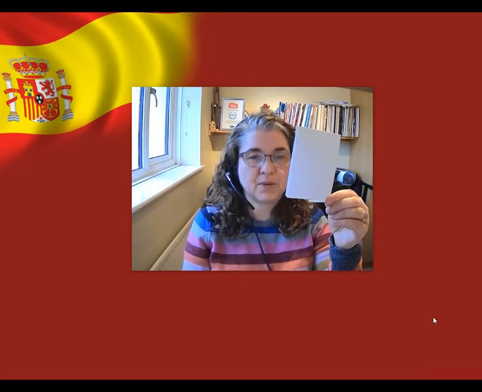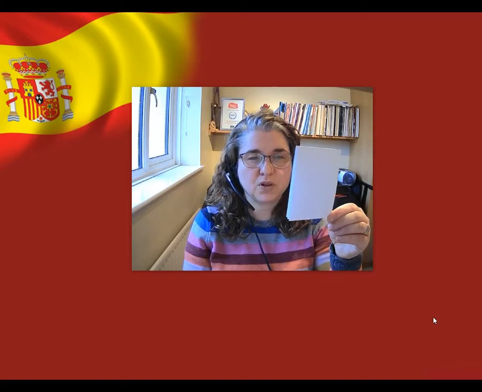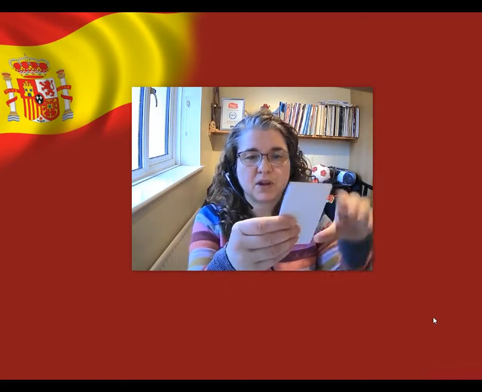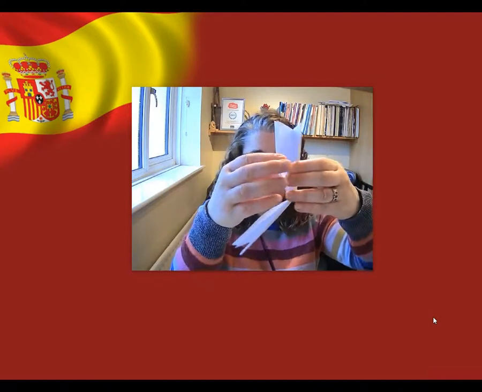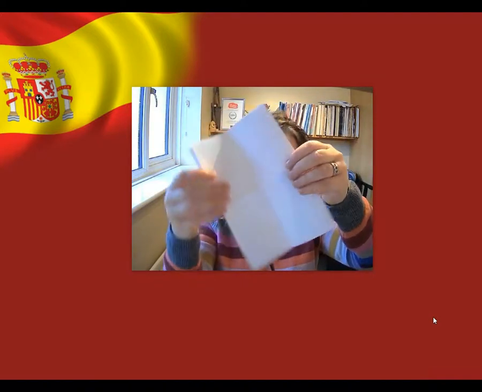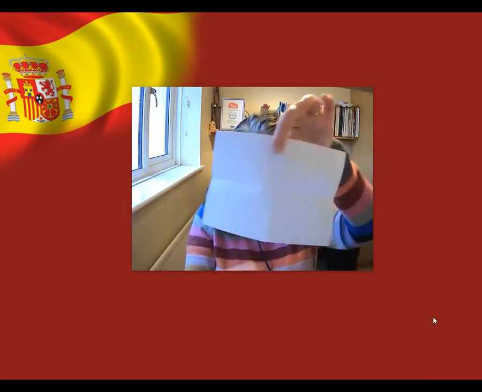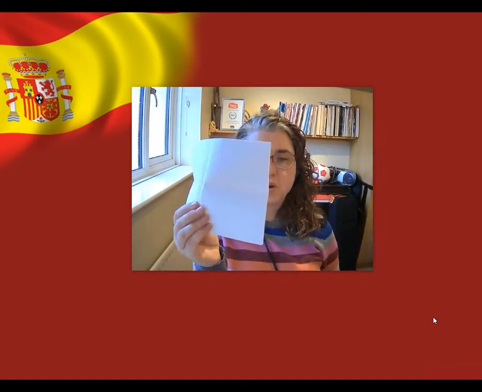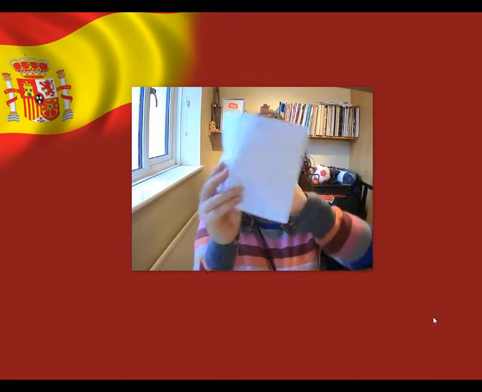Now, the next thing we need to do is to unfold the last 2 folds that we made. So we're going to unfold 1 and we're going to unfold 2 so that we're back to this stage. Now, very important bit next, we need to find out where the fold is. My fold is here.